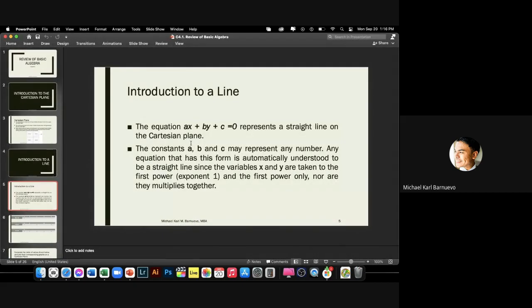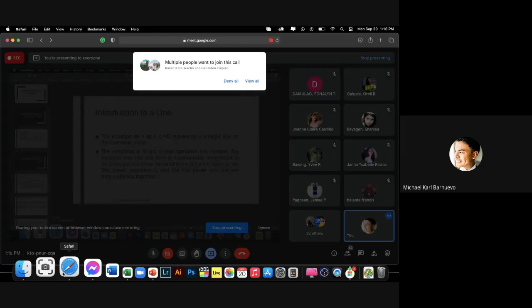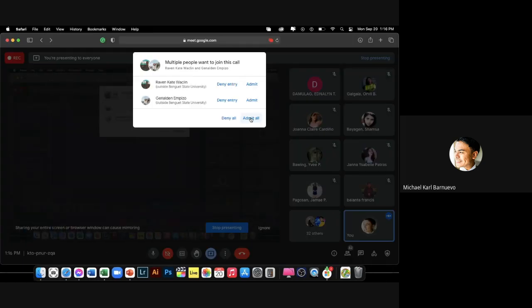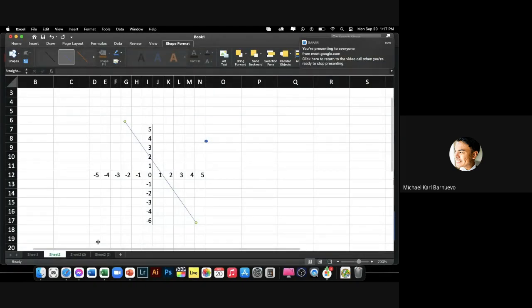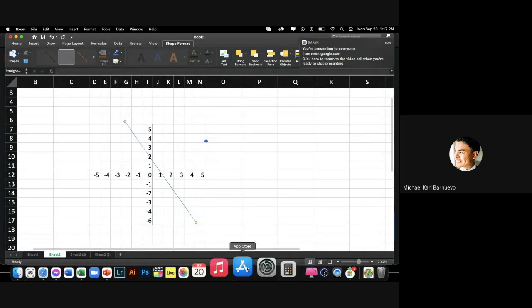Here, ax + by + c = 0. The constants are a, b, and c, and they may represent any number. Later on, we will be doing the substitution method. We will use any number to define the line.